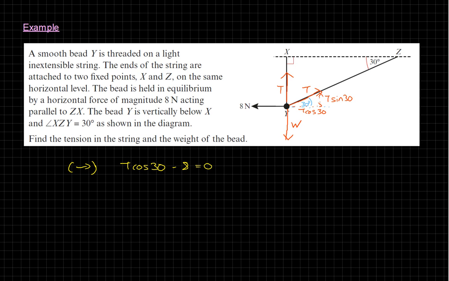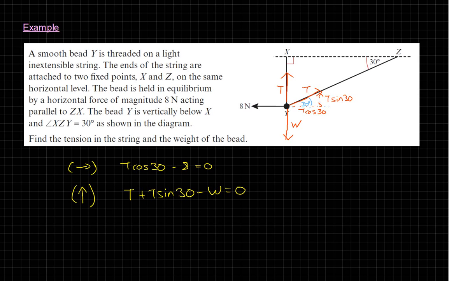Then resolving vertically, you can do up, you can do down, it's up to you. We've got T going up, we've got T sin 30 going up, and we've got W going down. So T plus T sin 30 minus W equals 0.